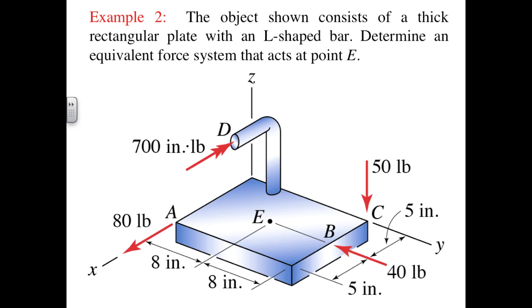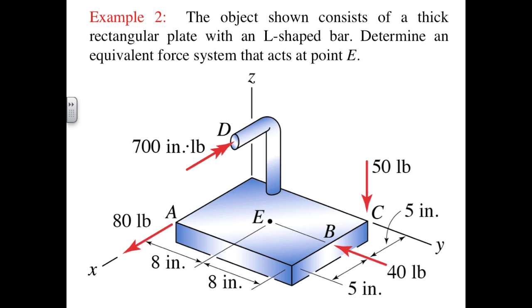In our second example, we also have three forces and one moment, but now it is applied to a three-dimensional problem, and we want to determine the equivalent force system that acts at point E. In a 3D problem, evaluation of moments includes a decision about whether to use a scalar approach or a vector approach.